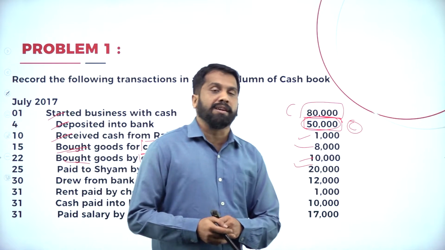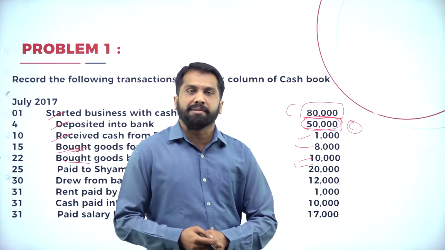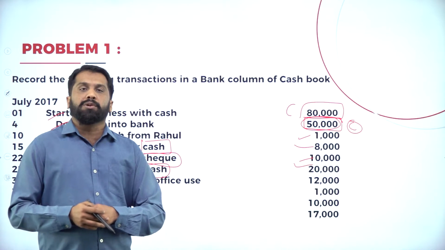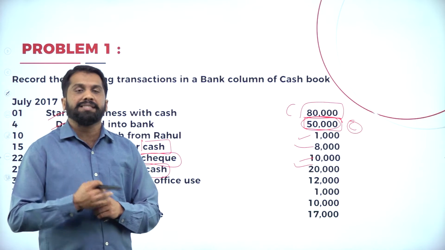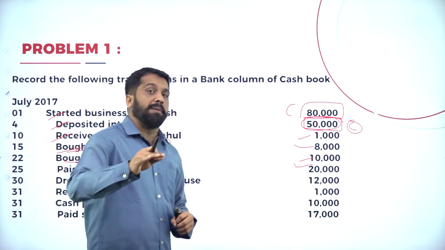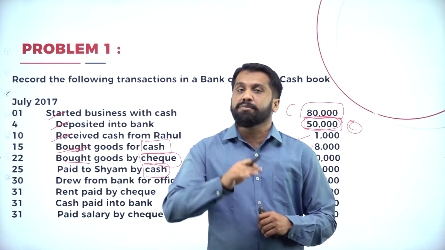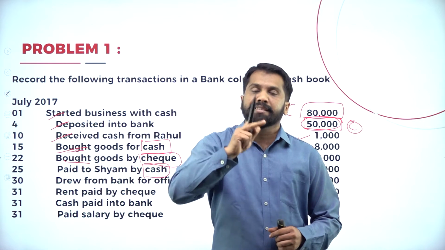Next, draw from bank for office use. Office use means what? It is not drawing. It is not personal. So, it is also contra. Why? Because you are running an office, you don't have cash. What will you do? You will withdraw from your bank account. Is there any change? Yes. Your bank balance will decrease, but your cash increases. What is your total balance? Same.